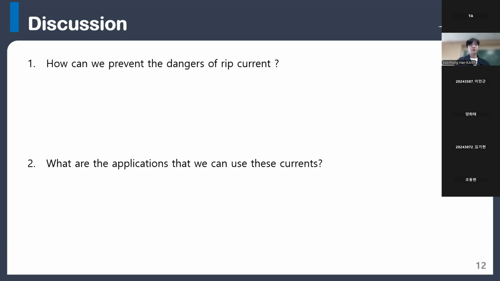Next question: how can we prevent the dangers of a wave current? Even lifeguards on a higher post position so they can see it better and warn the population.